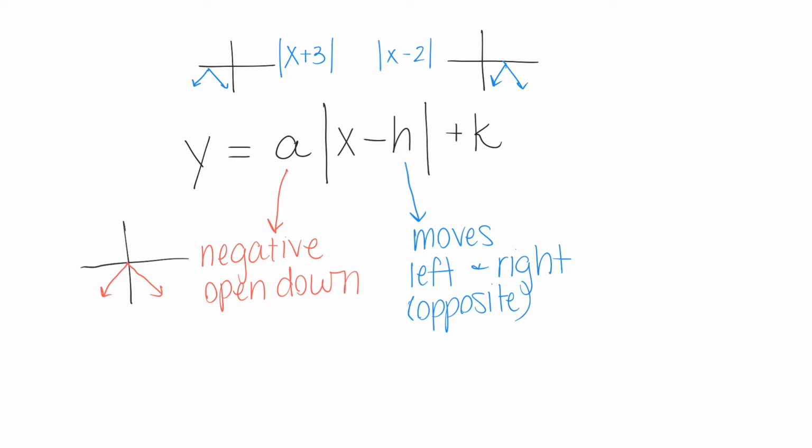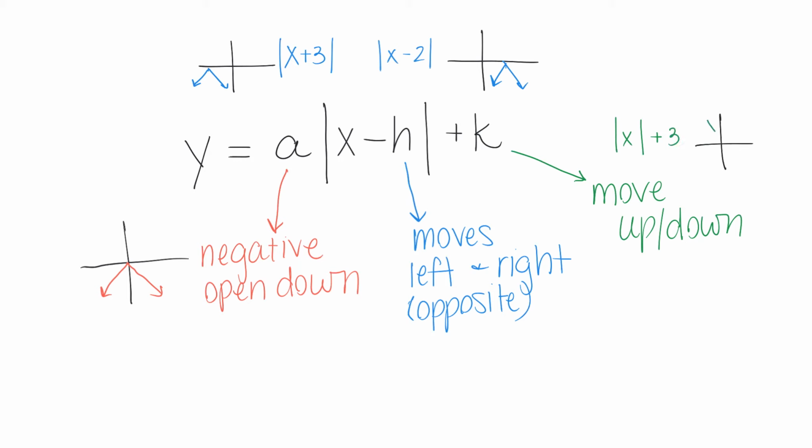The k is going to move up and down. So if you've got the absolute value of x plus 3, it's going to move your graph up 3. And if you have the absolute value of x minus 3, it's going to move your graph down 3.